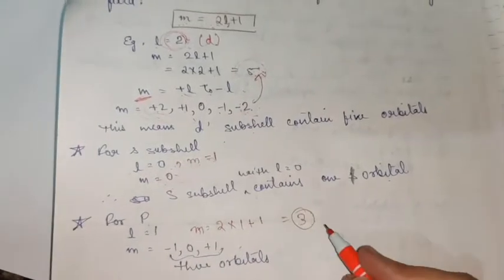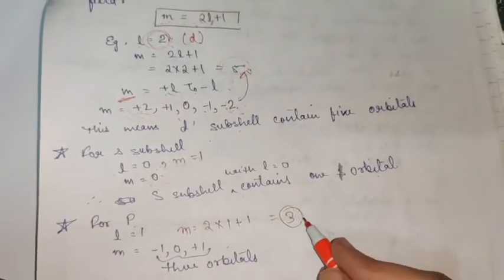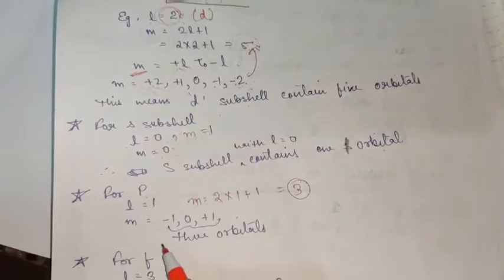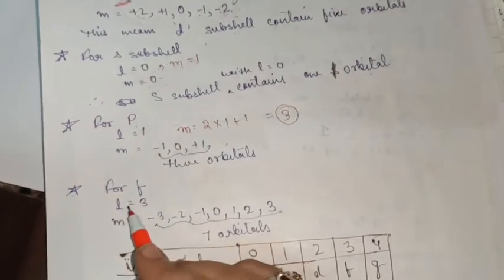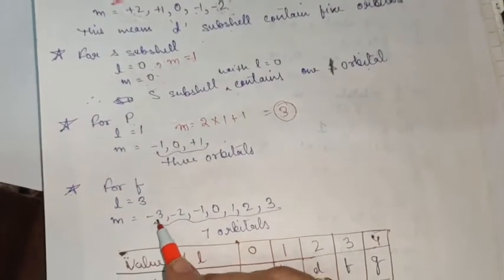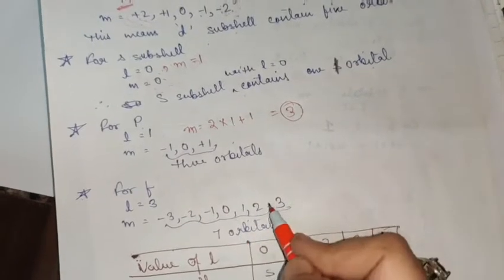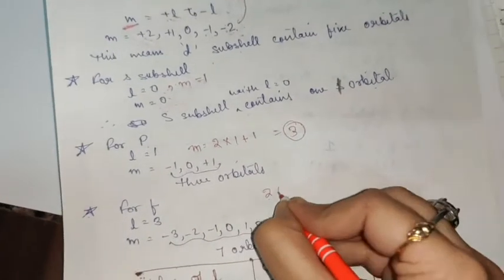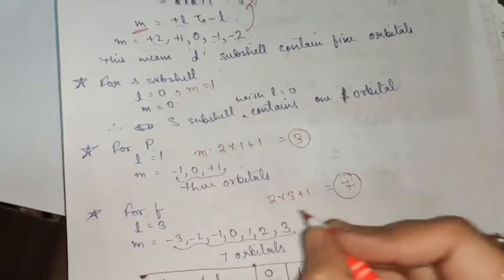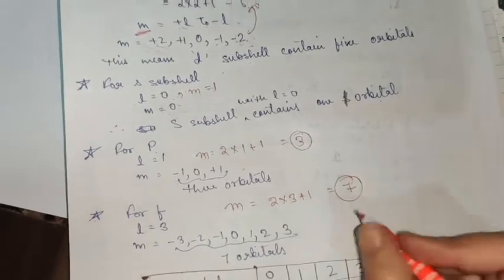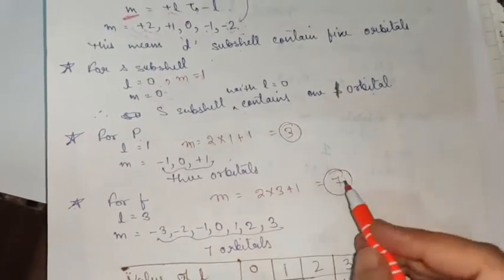It has 3 orbitals, and the values are minus 1, 0, plus 1. And for F, L equals 3, the values will be minus 3, minus 2, minus 1, 0, 1, 2, 3. Now substituting the value in the formula, you will get 7. This is the total number of orbitals that F subshell has, and the values are mentioned here.